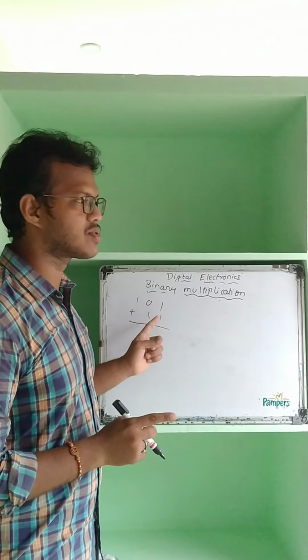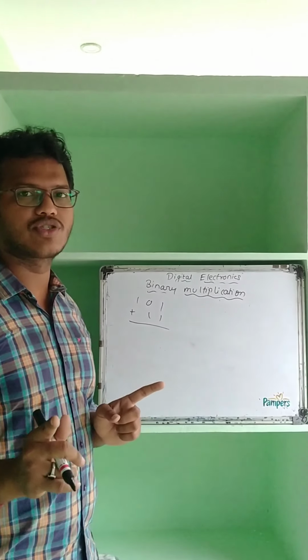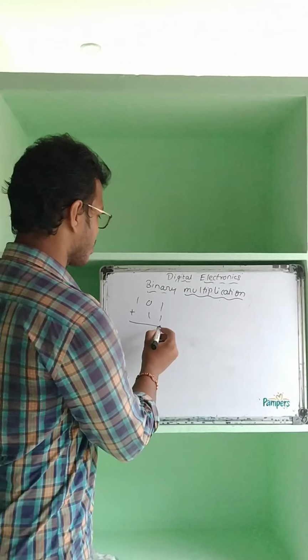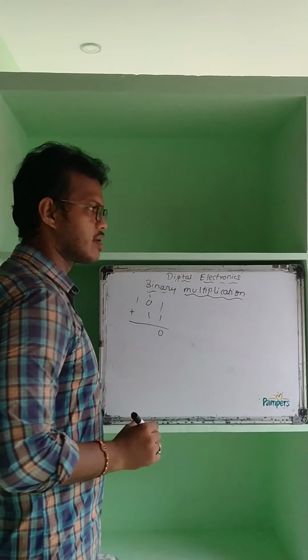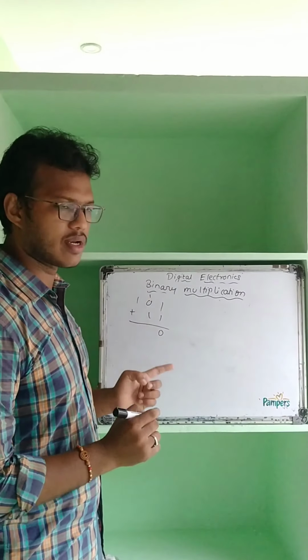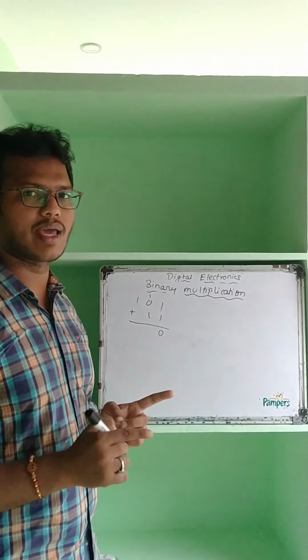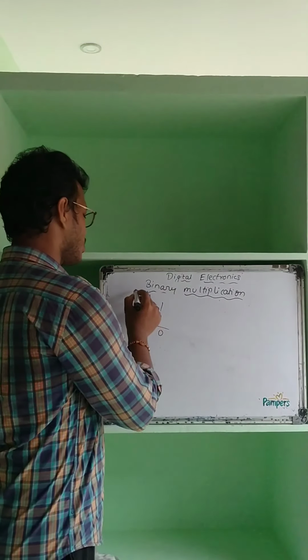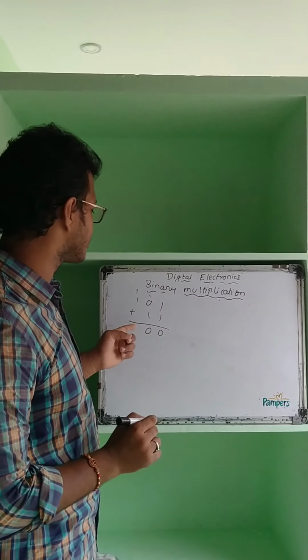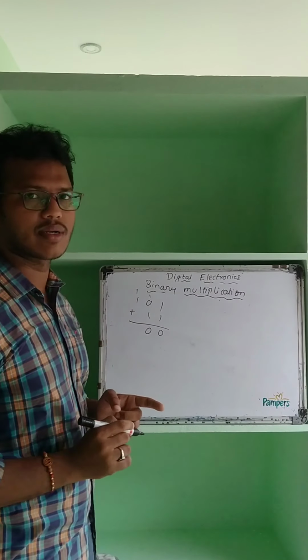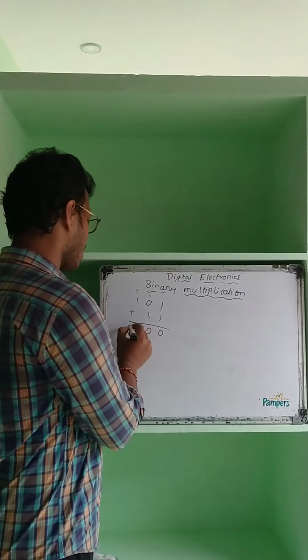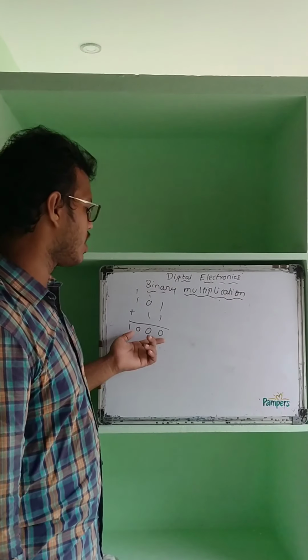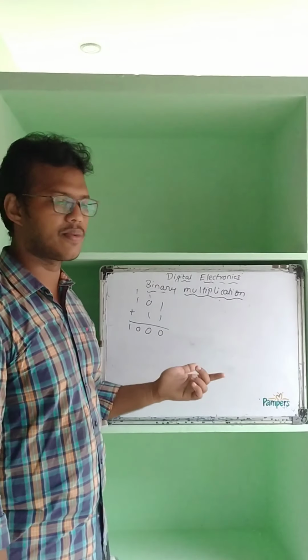So 1 plus 1, the sum is 0 and carry is 1. Again 1 plus 1, the sum is 0 and carry is 1. Again 1 plus 1, the sum is 0, carry is 1. So your answer is 100. Okay.